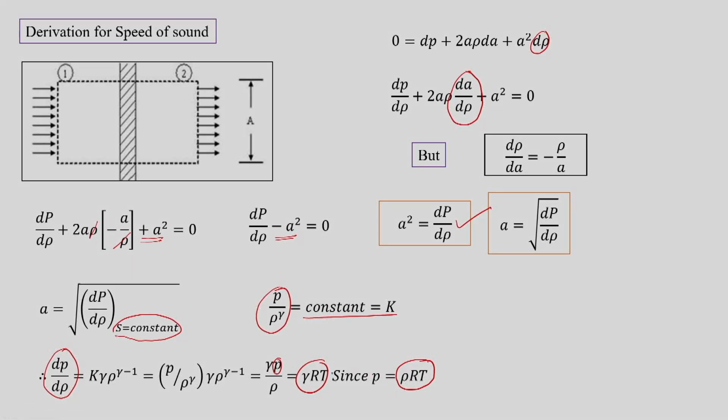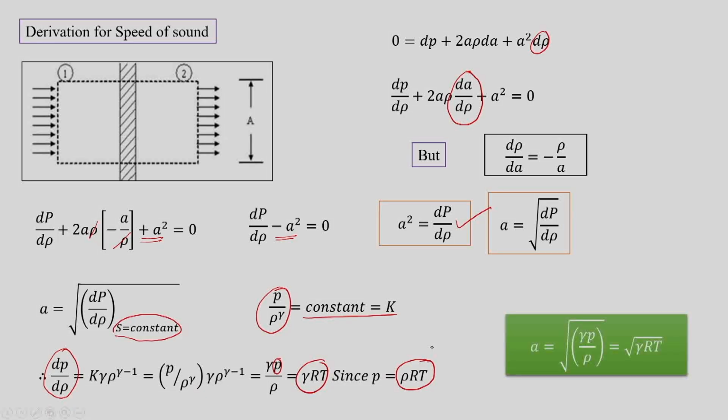So this P can be replaced as rho RT, and then we can get the speed of sound expression as a is equal to square root of gamma P by rho, isentropic, which is equal to square root of gamma RT. So this tells that speed of sound in any medium depends upon the temperature. If temperature is high, then speed of sound would be higher. Obviously we are using these relations for gases, however this relation is valid in general.